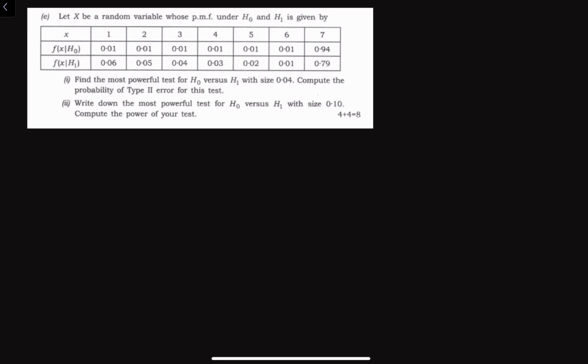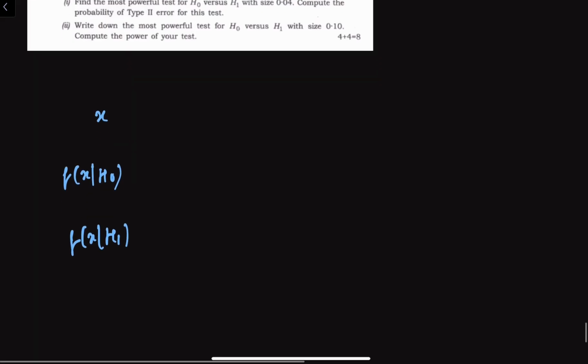So first, we have to find the likelihood ratio. So f of x given H0, f of x given H1, and then we have the likelihood ratio.